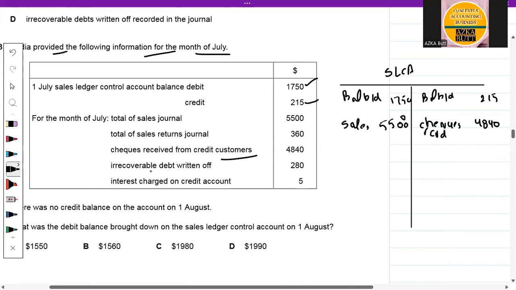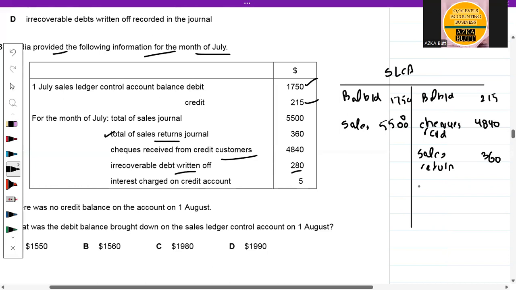Okay. Irrecoverable debt written off, which is 280. Okay, so I just skipped this part. Total sales return journal. So this is a sales return, so this will be recorded here. Sales return debit and sales ledger control account credit. This is 360.